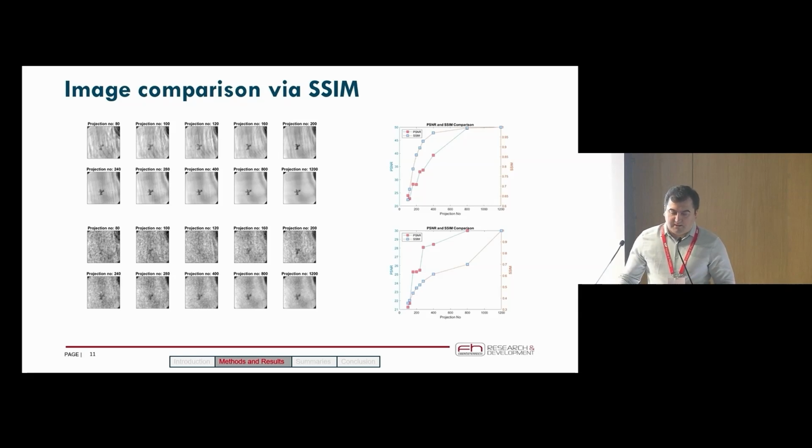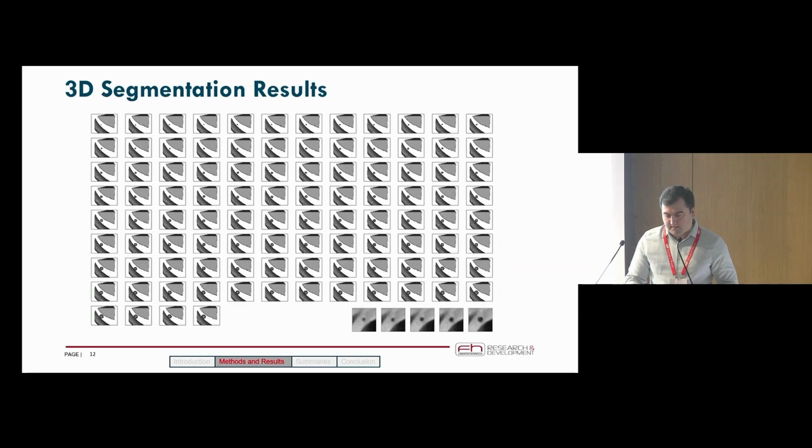You can see that with 800 projections, it was reaching an almost similar case to 1200. That's why we use 800 projections without physical effects. With physical effects, we applied 400 projections, as we created the CT image with 400 projections.